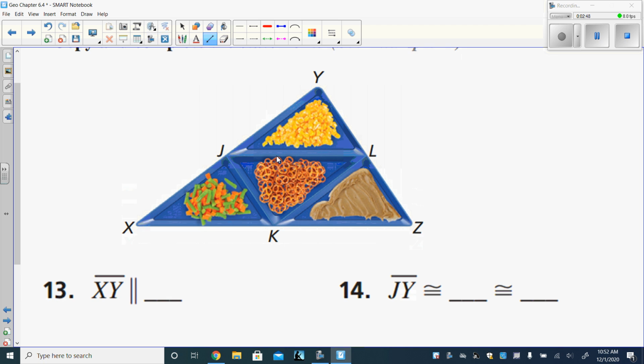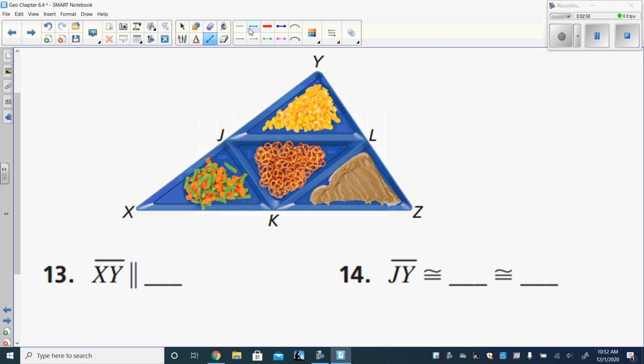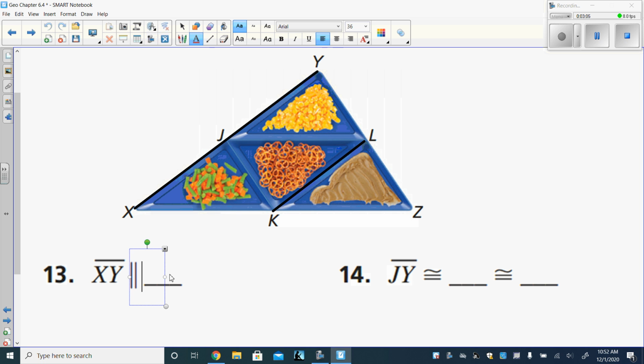Now we do have another set of parallel lines because they're going to talk about this one here, XY. XY, this line here, is parallel to the mid-segment opposite, which would be KL. KL is its mid-segment. So these two lines are parallel because the mid-segment and that opposite side are parallel to each other.